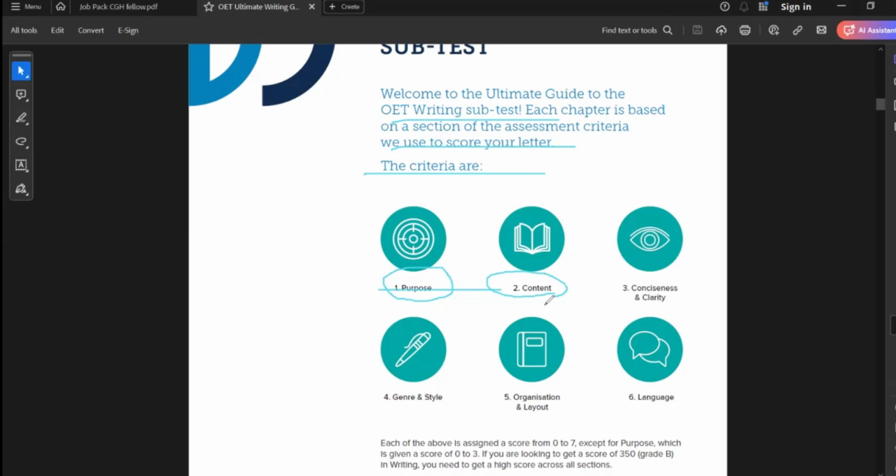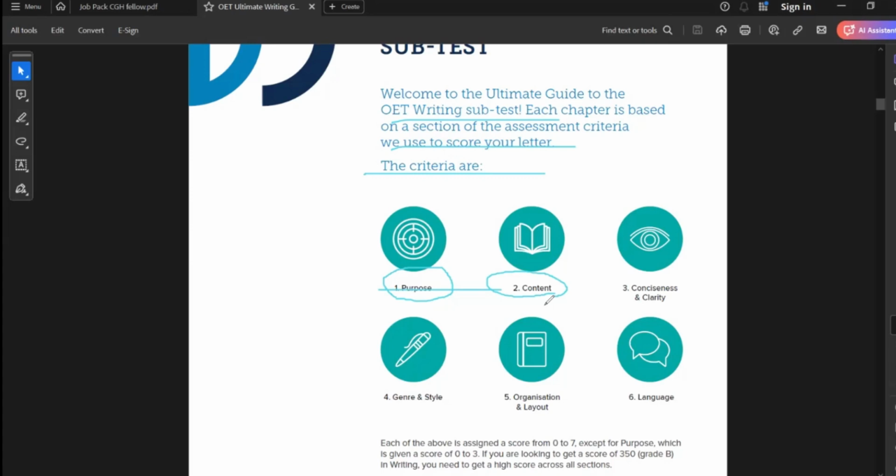But now when you're writing, always make sure that your letter does not exceed, I would say, 220 words. Okay, the safe limit is somewhere between 200 to 220 words. More than that you can write, but eventually you will lose marks because you have to keep your letter very precise.